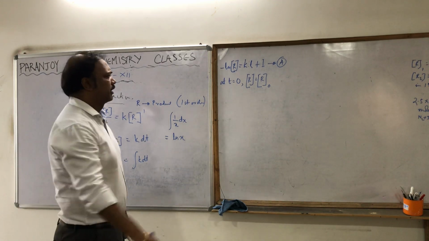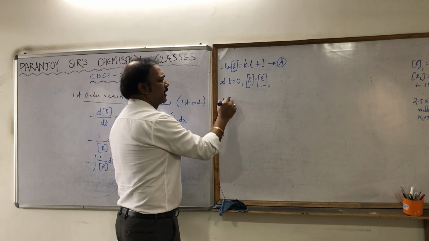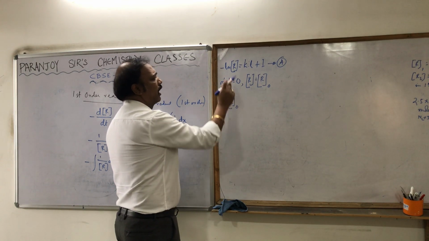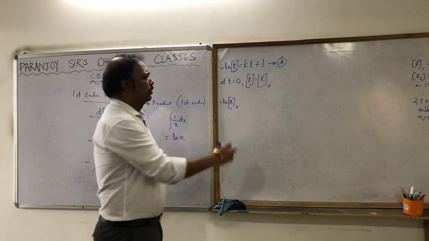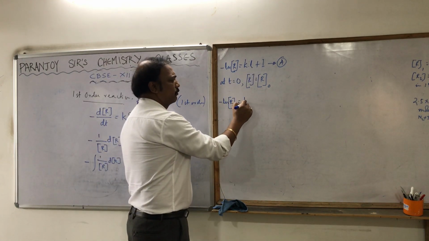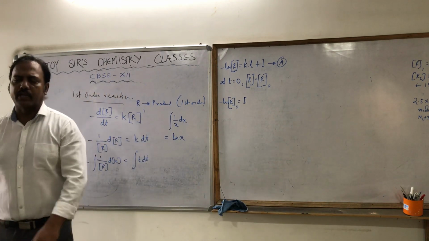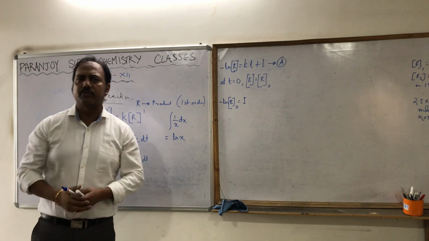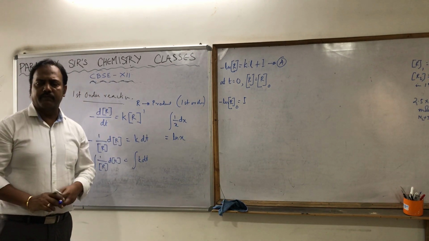We get minus ln R0, since R is R0 and t is 0. So minus ln R0 is equal to I. That was our intention: to get the value of the integration constant, and we finally found it.